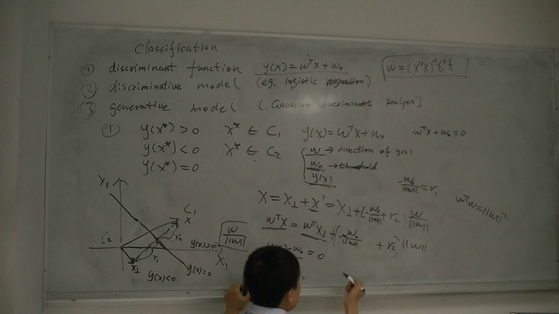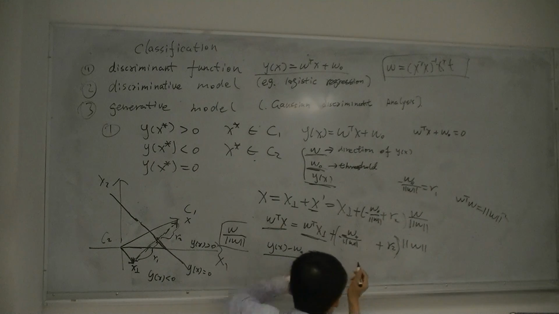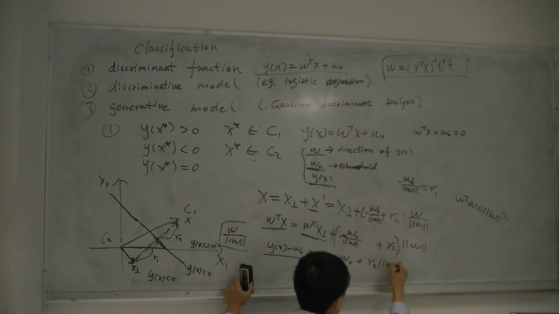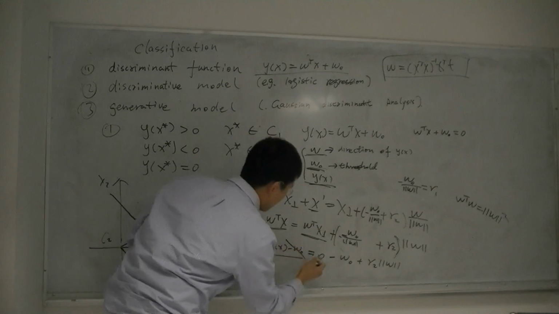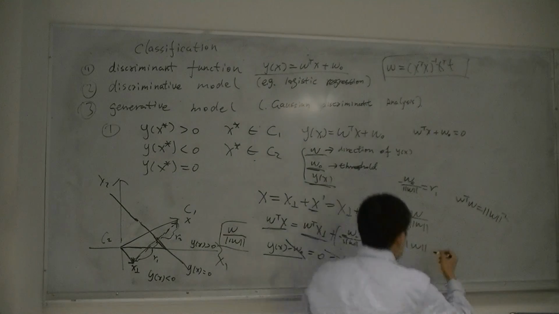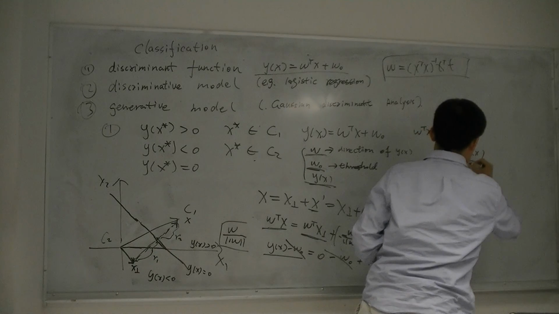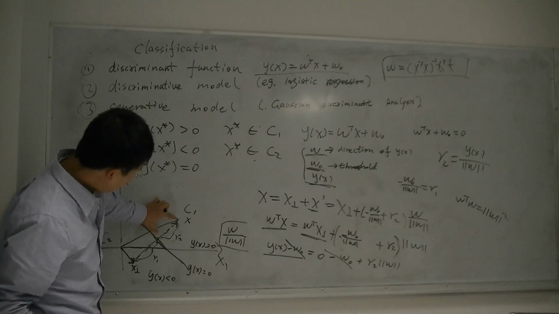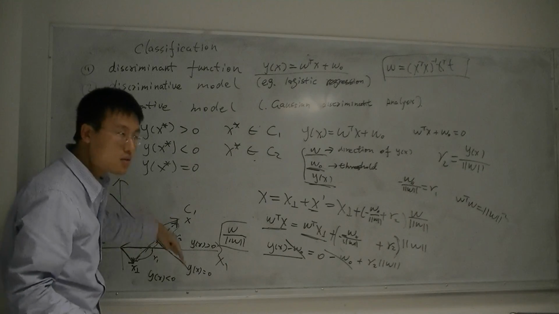And we expand this product, which is equal to minus omega 0 plus R2. So the minus omega 0 cancels, and finally we get R2 equal to y of x over the magnitude of omega. What's R2? R2 is the distance from the vector x to the classification boundary.